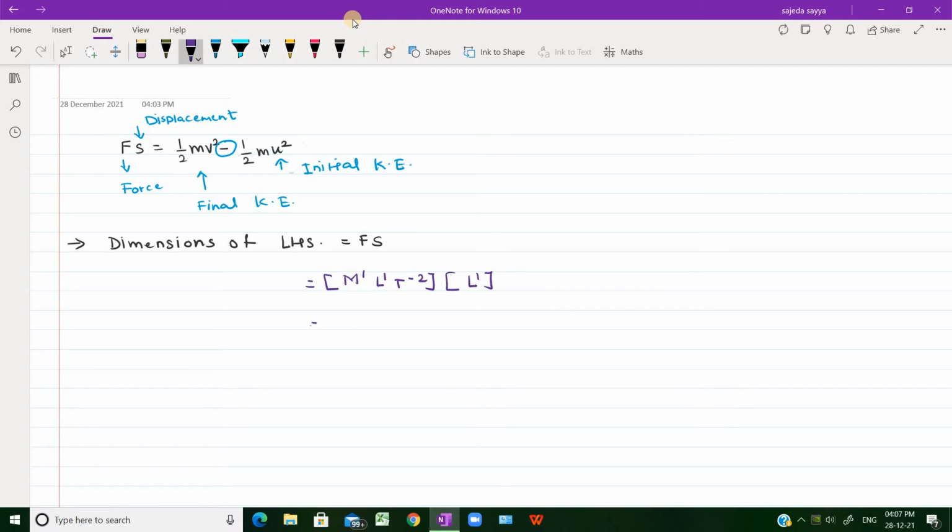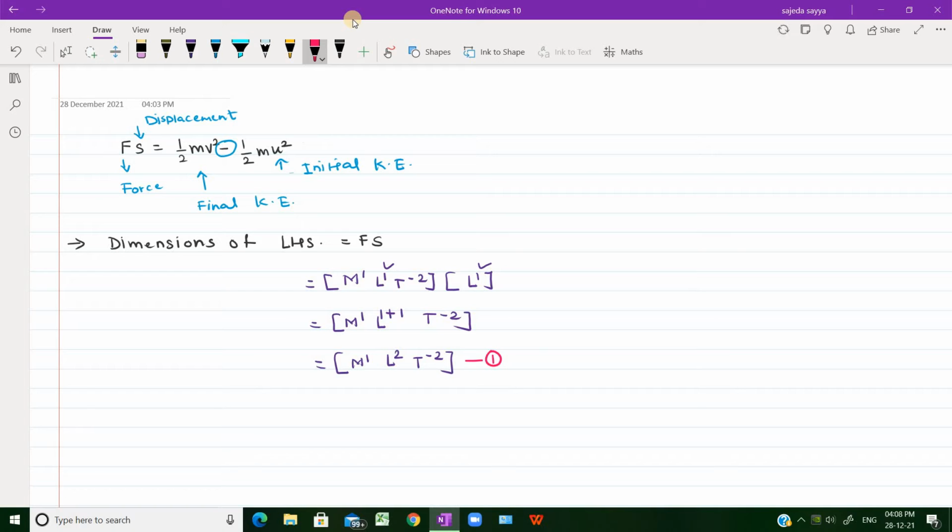Simplifying, it will be M^1 L^(1+1) T^-2, so it comes out to be M^1 L^2 T^-2. Number this equation as 1.